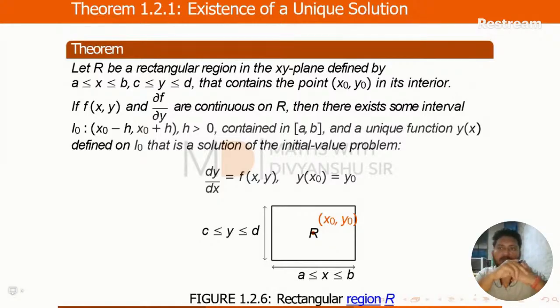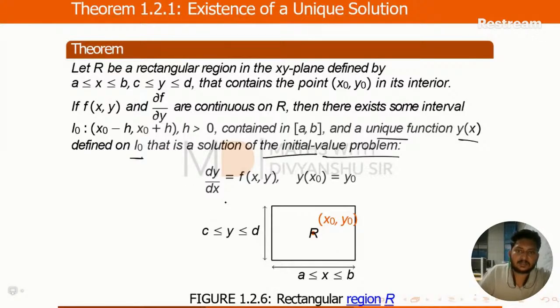If the function f of x comma y and its derivative df upon dy are continuous on R, then there exists some interval I0 equal to x0 minus h to x0 plus h, where h is greater than 0, contained in a comma b, and a unique function y of x defined on I0 that is the solution of the initial value problem.